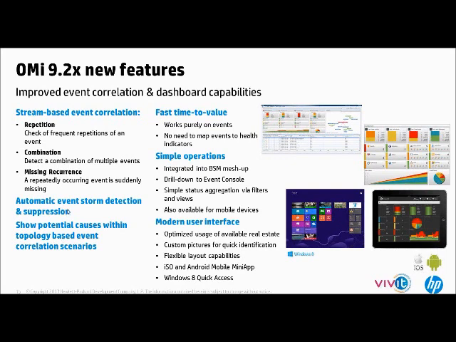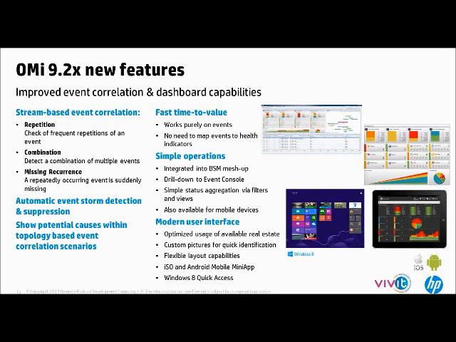We had also introduced automatic event detection and suppression to reduce the number of events that are seen in the event console. Now we also introduced stream-based event correlation, which provides value in the following three ways.